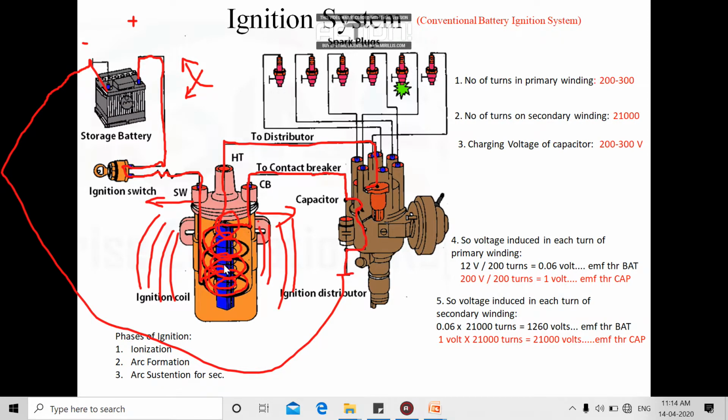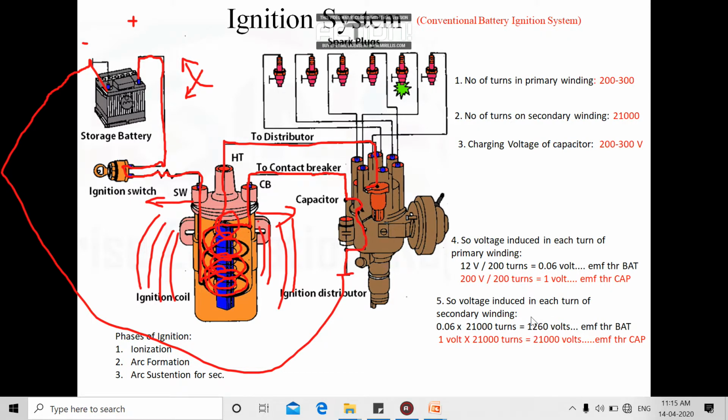Now the question may come, how much EMF develops across each turn of the secondary winding. Simple, come to point number 5: the EMF of each primary turn, 0.06, multiplied by the number of turns of the secondary winding, 0.06 multiplied by 21,000. You will get 1260 volts.